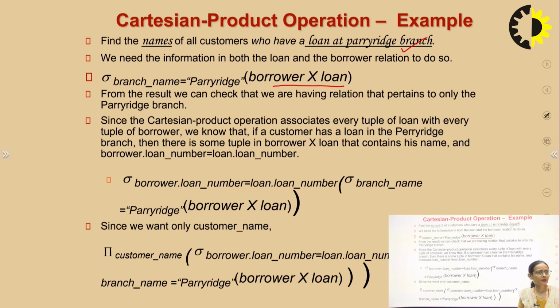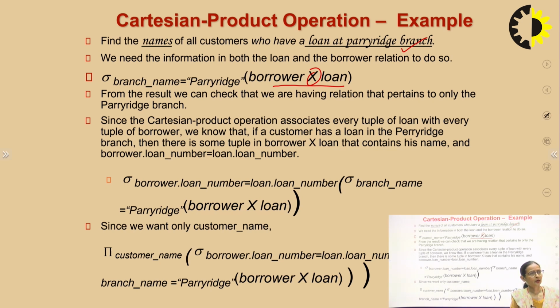From the result, we can check that we have a relation that pertains only to the Perryridge branch, because when you take the cross product of borrower and loan, it gives a very large set of entries, but we are interested only in the branch name equal to Perryridge.